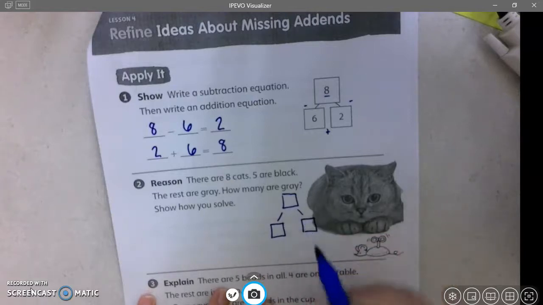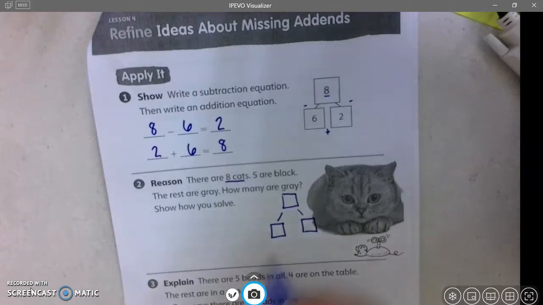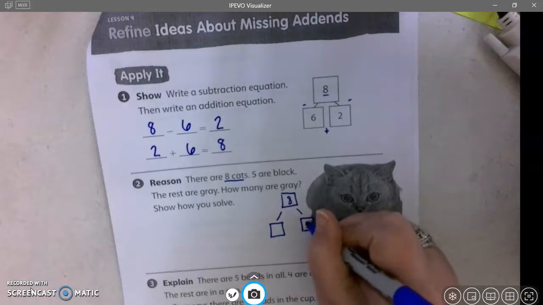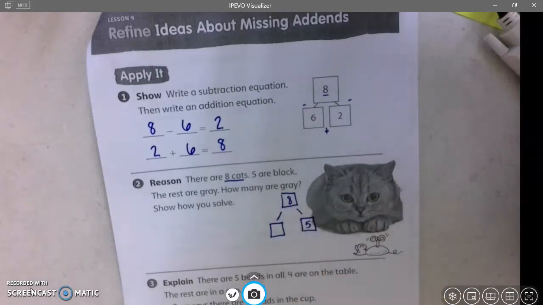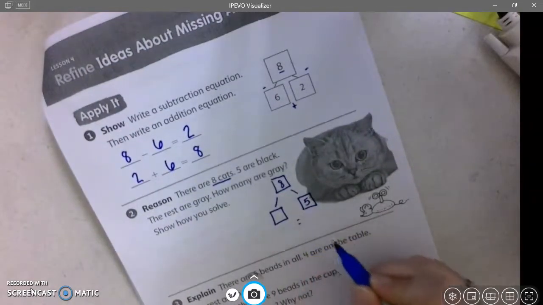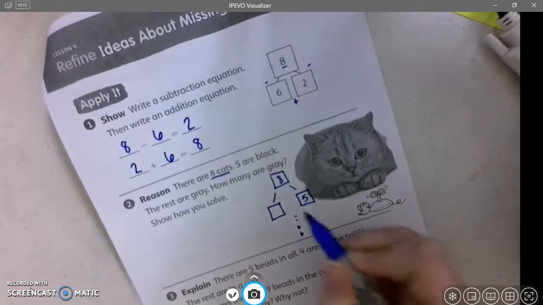All right, it tells me there are 8 cats. That's my total. So I'm going to write 8 up in the whole box. 5 are black. So that must be a part. Okay. So now I can do my 2 subtraction equations and my 2 addition equations.